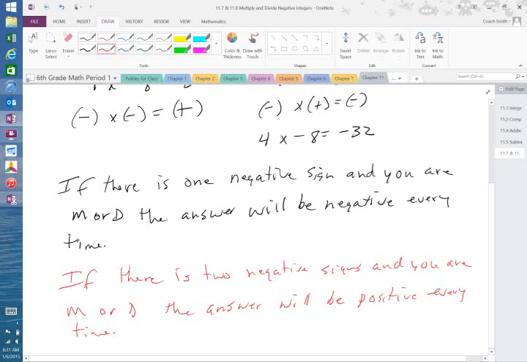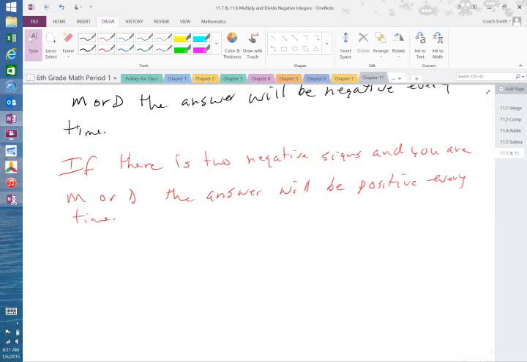Okay? Now that rule is in direct contrast with the adding and subtracting rule. Okay, and this is where people end up getting confused. Let's say that I have -4 plus -8.